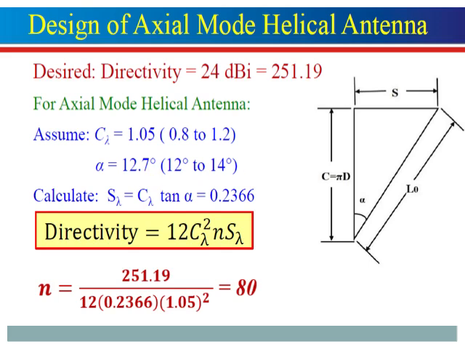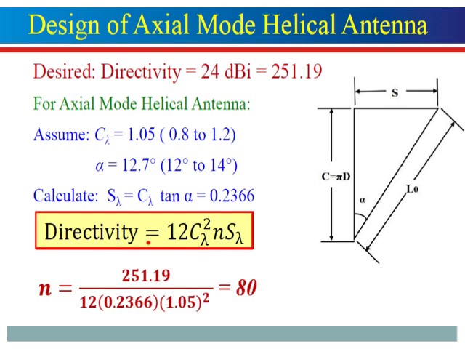Now first calculate S lambda. S lambda is given by C lambda into tan alpha. After substituting C lambda as 1.05 and tan of 12.7, we get the value 0.2366. Now let us find N using the directivity formula, 12 C lambda square N S lambda.